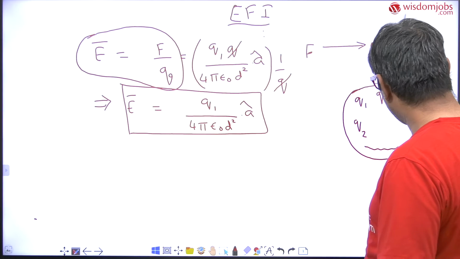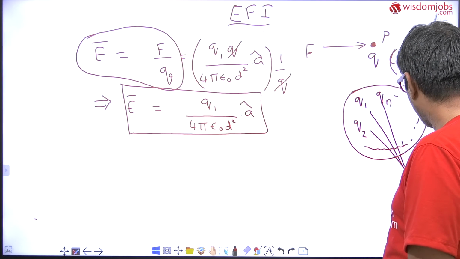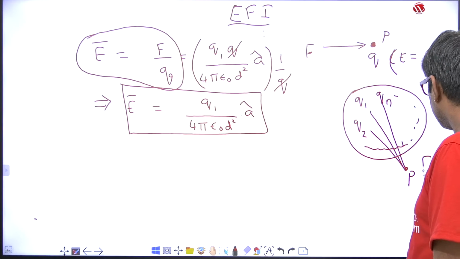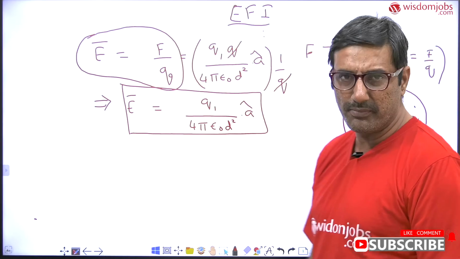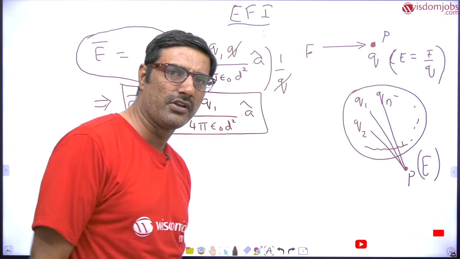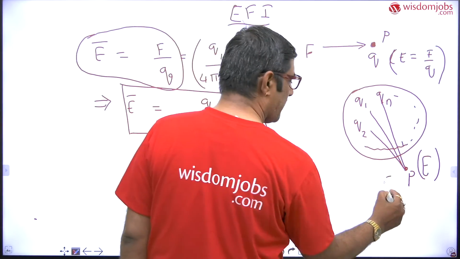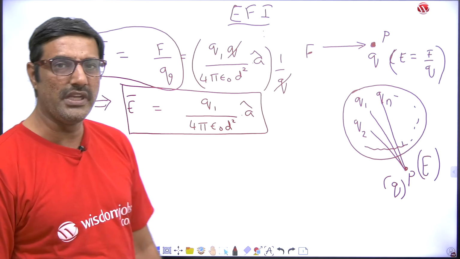Due to these n charges, let the total electric field intensity at a point P be E. E is the total electric field intensity at point P due to the n charges Q1, Q2, Q3, and so on up to Qn. Let the test charge at P be Q.